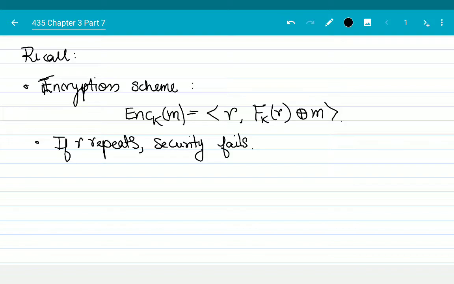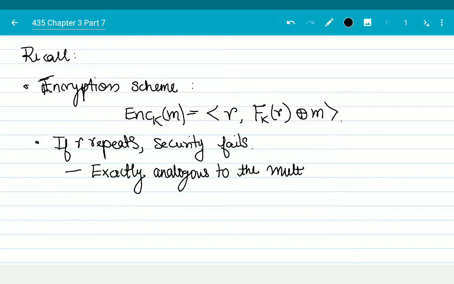So it fails in exactly the same way, exactly analogous to the failure of one-time pad for multiple encryptions using the one-time pad scheme.